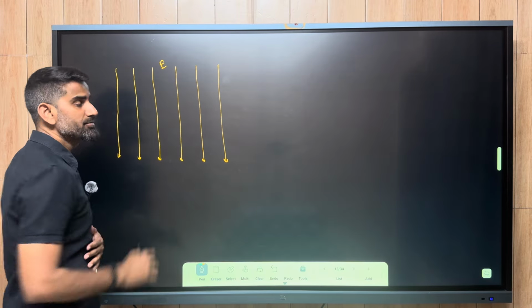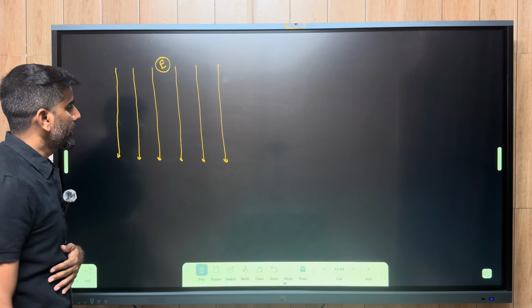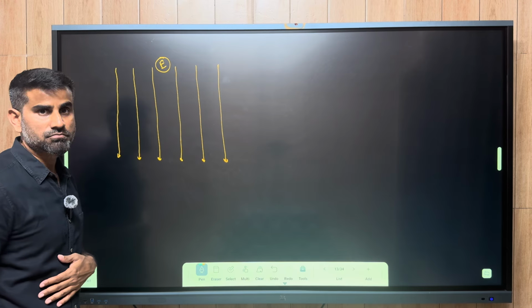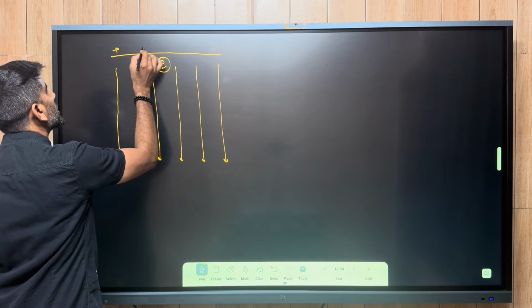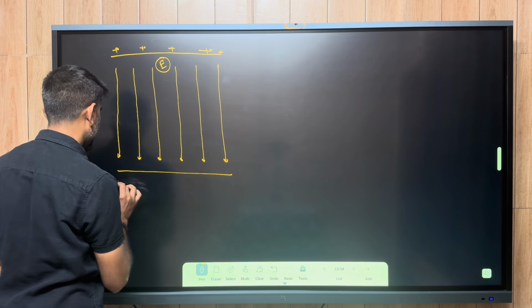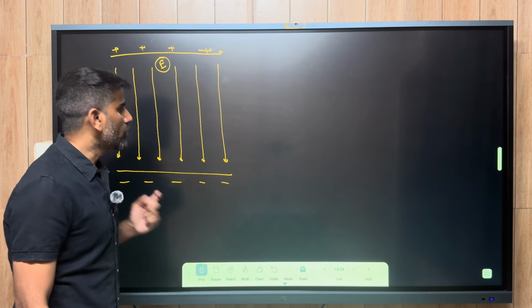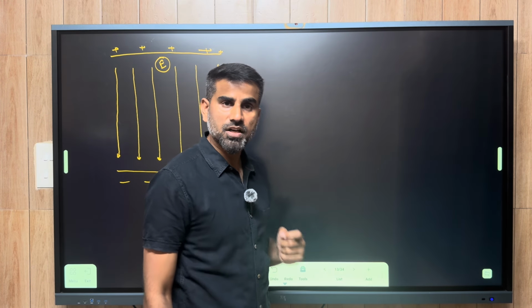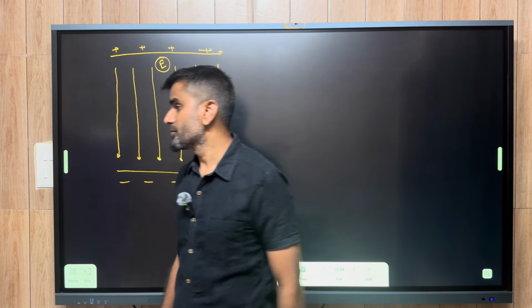The electric field strength is E, which is pointing in the downward direction. That means here we have positive charge, here we have negative charge. Now what I'm going to do is shoot the charged particle with certain initial velocity perpendicular to the field.